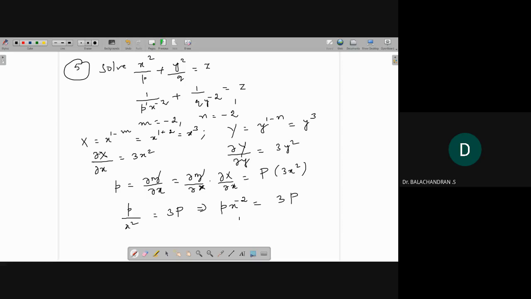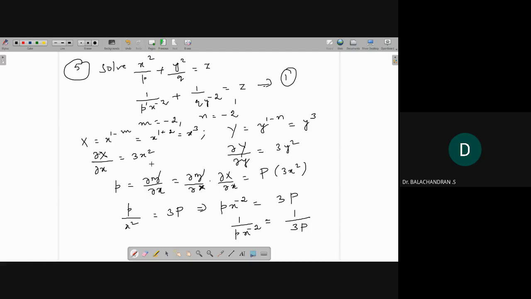So 1 by p into x power minus 2 equal to 1 by 3P. So we call this equation number 1. So we got this is equal to 1 by 3P.